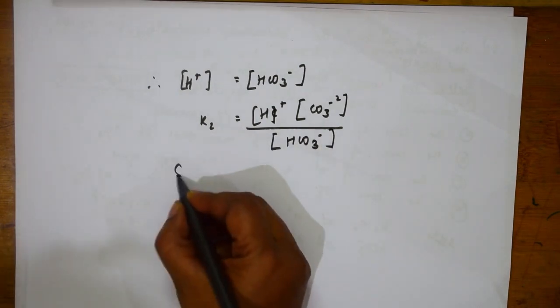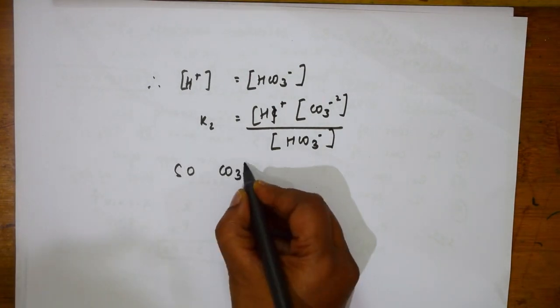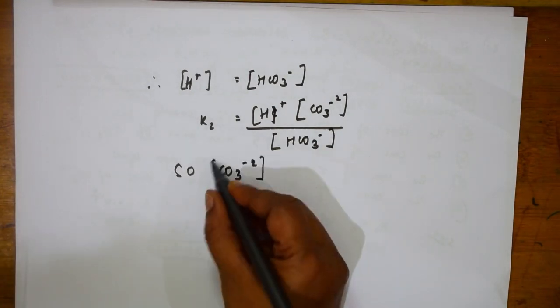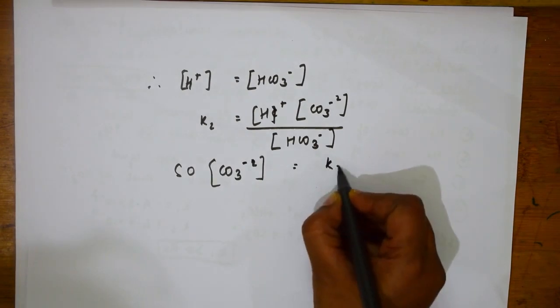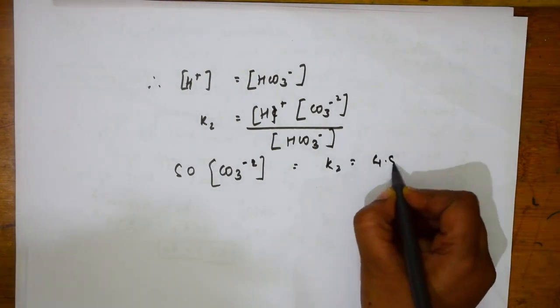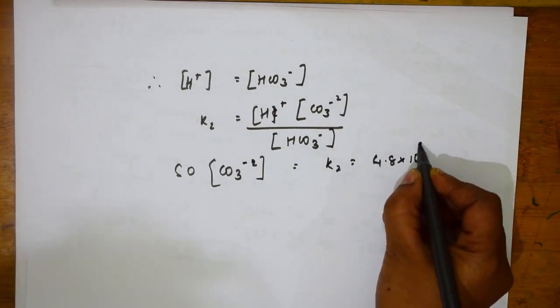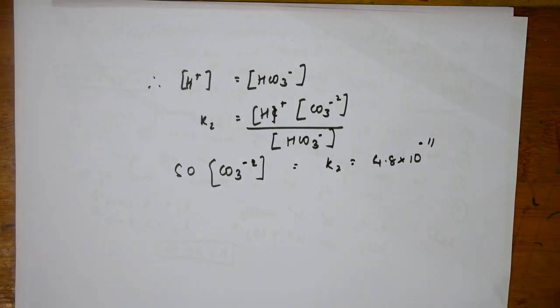So what will happen now? CO3 2- is equal to K2, which is 4.8 into 10 raised to the power minus 11. That's it. So simple, isn't it? I just equalized these and finally wrote the answer. So the answer is 4.8 into 10 raised to the power minus 11.